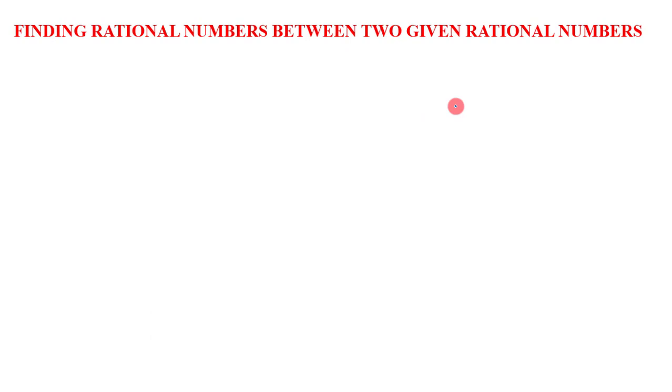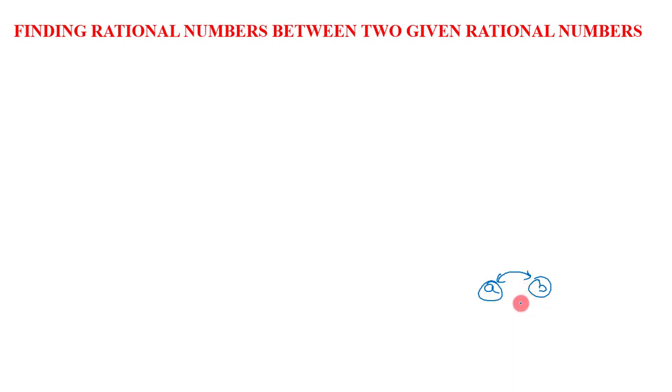That is finding a rational number between two given rational numbers. For this you need to know an important property, which is called the density property of rational numbers. If you take any two rational numbers A and B, how many rational numbers lie between these two? There are infinitely many rational numbers.